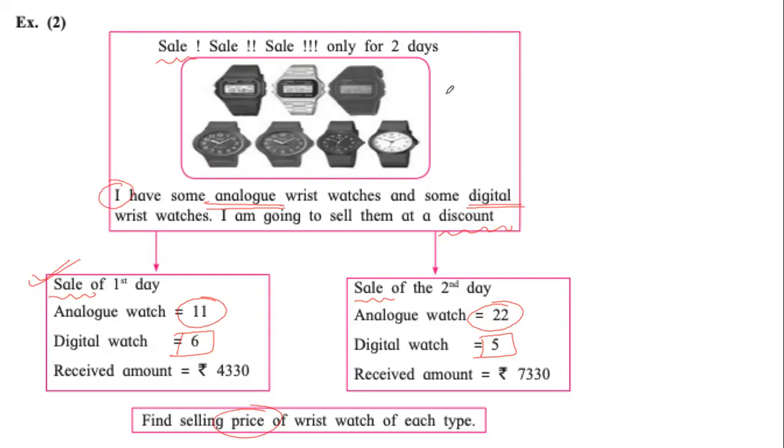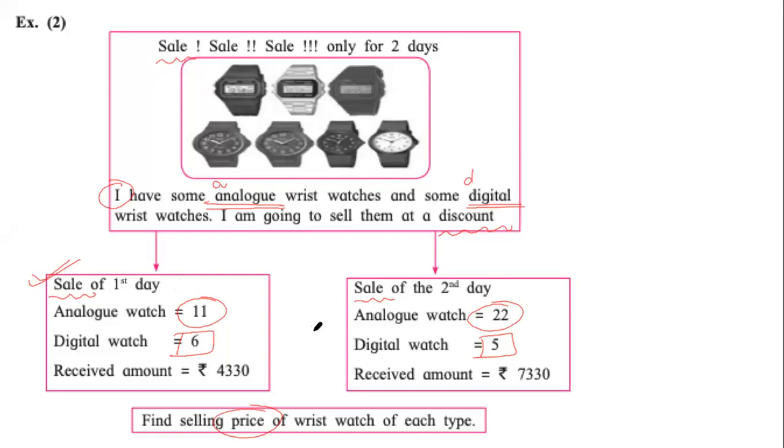Now, because analog starts with A and digital starts with D, let us go with what Karthik and Prachi were saying, that the variables will be A and D. Let the selling price of analog watch be A and the selling price of digital watch be D. Now tell me, if on day 1 the shopkeeper sold 11 analog watches, how much money did he earn?